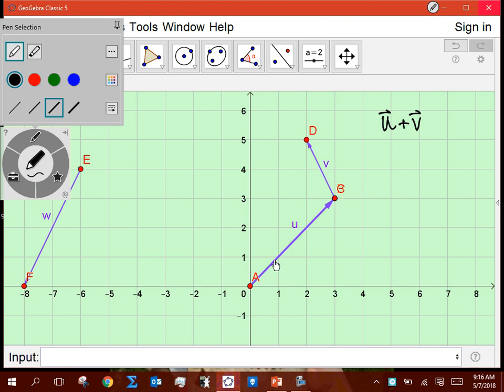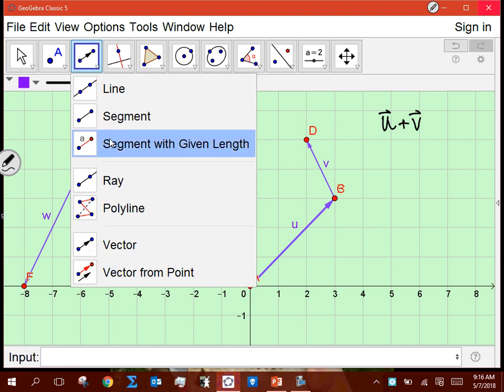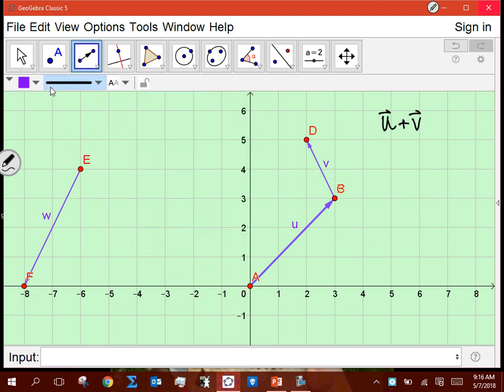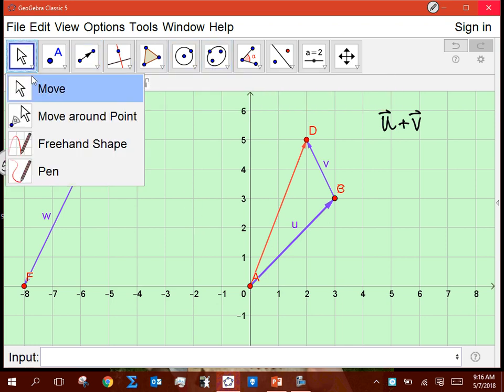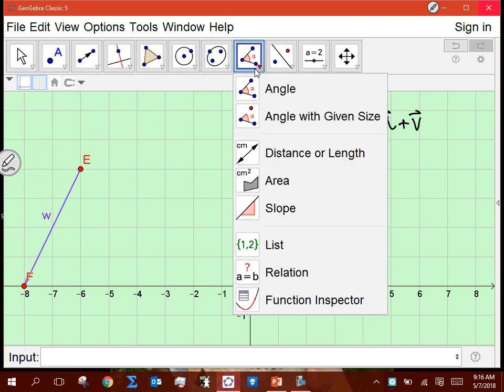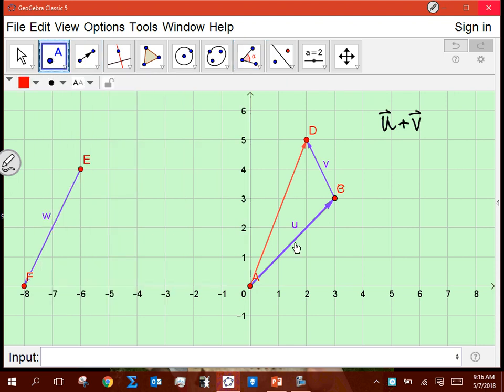And I get U, so I travel down U and then travel down V. That would be exactly the same as traveling that red vector. And we called that red vector the resultant, right? So here's the logic behind what's going on here.